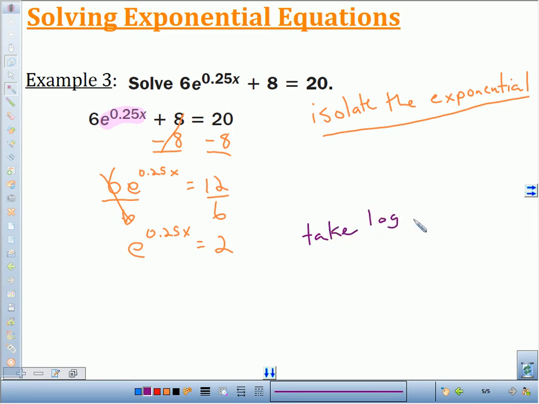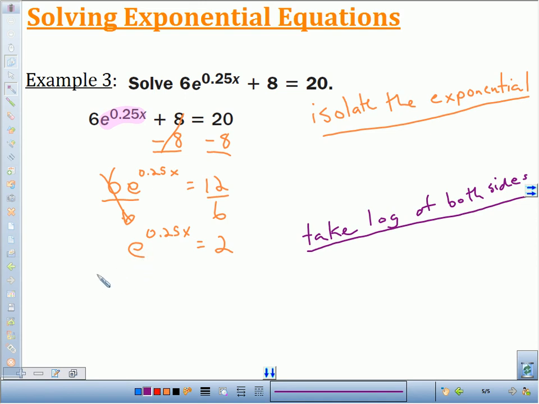Now the next step that we would want to do is take the log of both sides. Keep in mind, we can't take the log of both sides until after we've isolated the exponential. So isolating the exponential has to come first. Now when we want to take the log of both sides, we need to take the log base e, because e is our exponential.